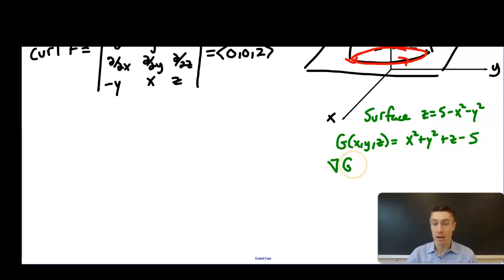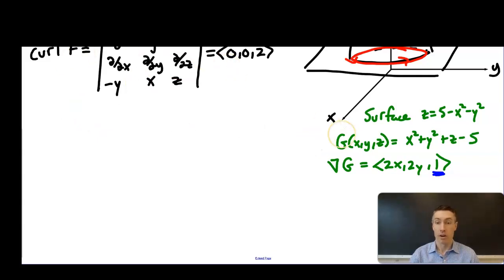And then the gradient of g, which is (2x, 2y, 1), will be our normal vector. Now we need to check the orientation. So look at the z component. It's positive. So that means it's an upward vector, which is the orientation we need.